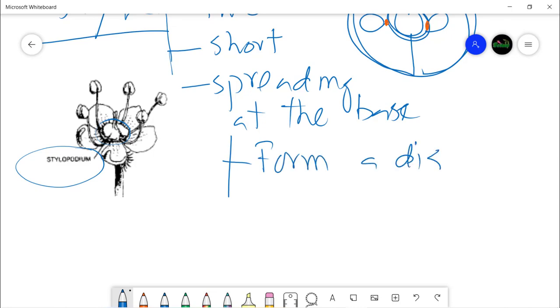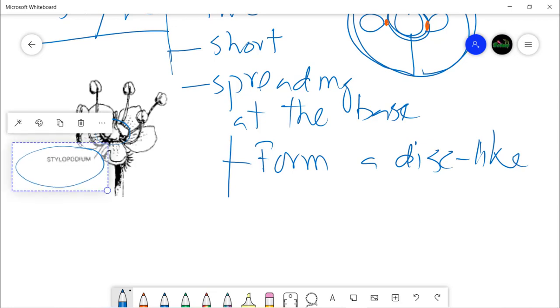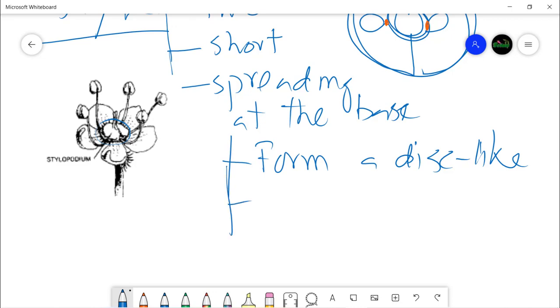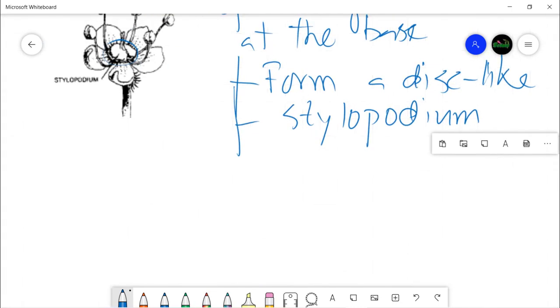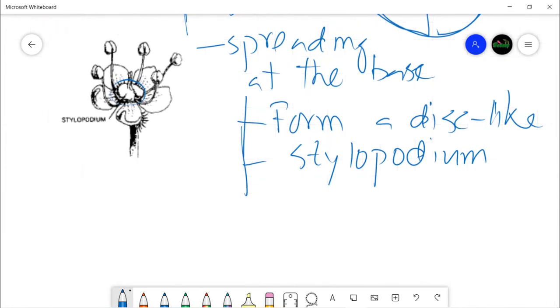This disc-like structure at the base of the style is formed from the spreading of the styles. So this is the style of family Apiaceae.